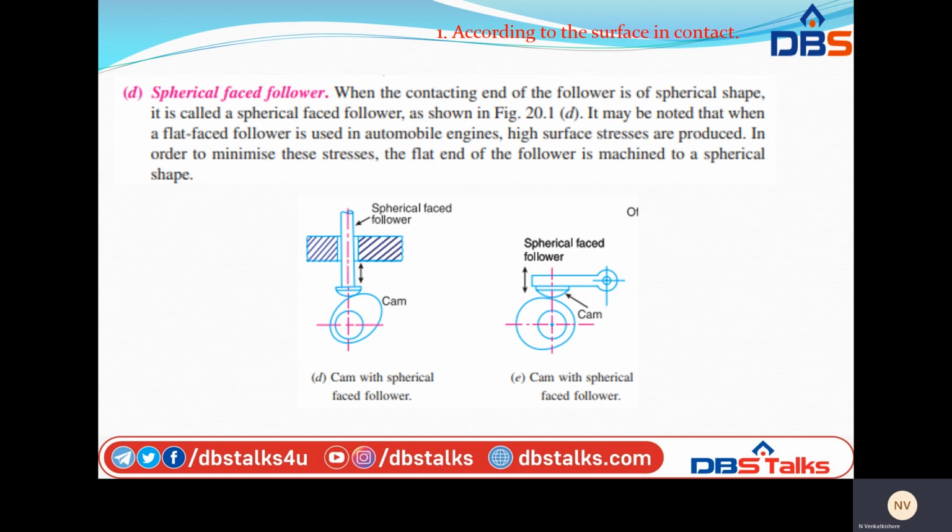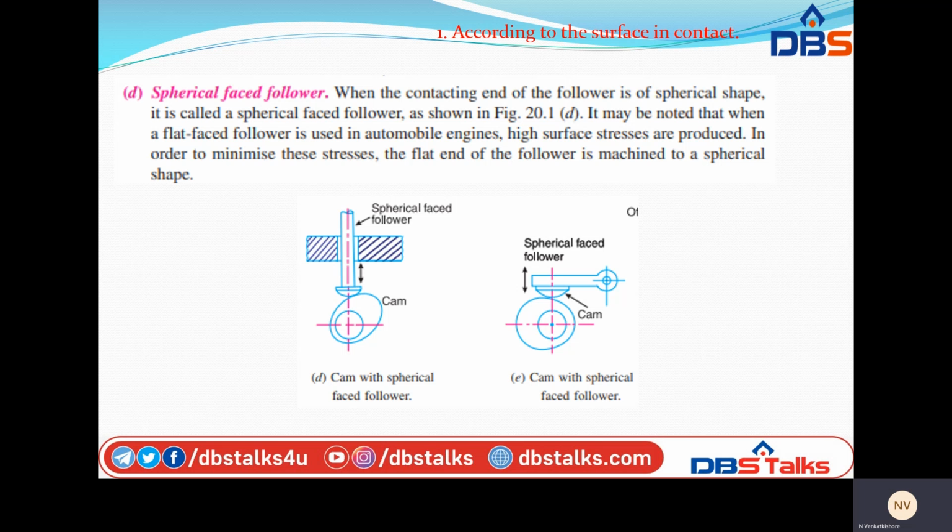Then here we are having two varieties. The cam with spherical faced follower. One is reciprocating and the second figure is oscillating. See here, the concentric point or the fixing point of this follower is on the right hand side.